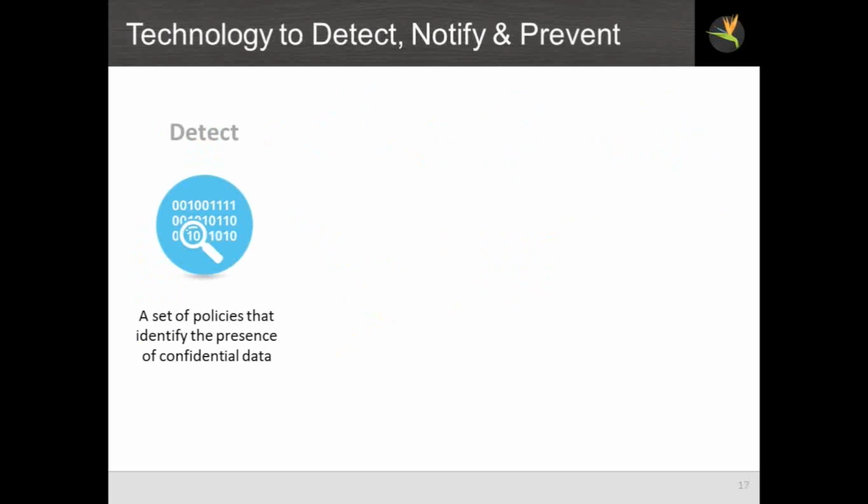So let's take a look at the different aspects of the technology and what it's seeking to do. Detection is a set of policies that identify the presence of confidential data. Policies are a set of rules that invoke some sort of pattern recognition to detect when confidential data is around.